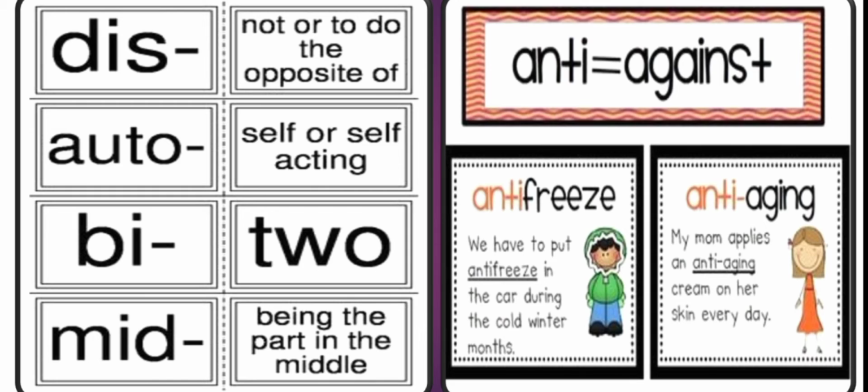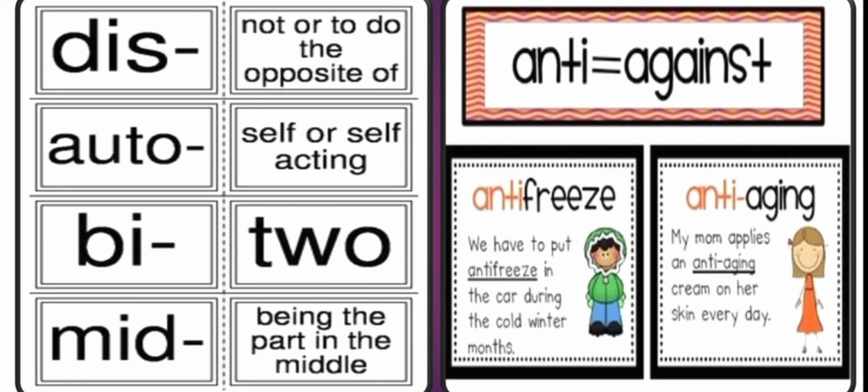And auto. Auto means self, acting on its own. For example, auto plus mobile, automobile. Auto plus matic, automatic. And the next prefix is bi.